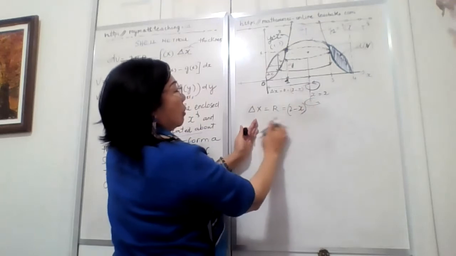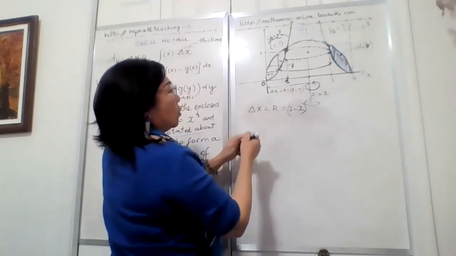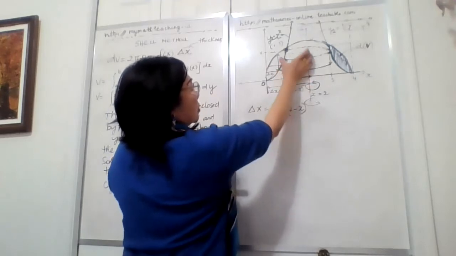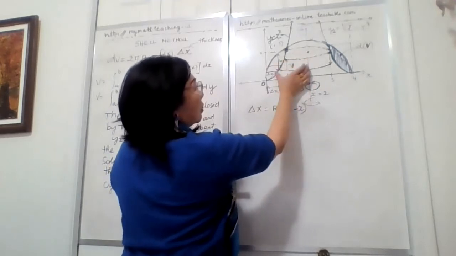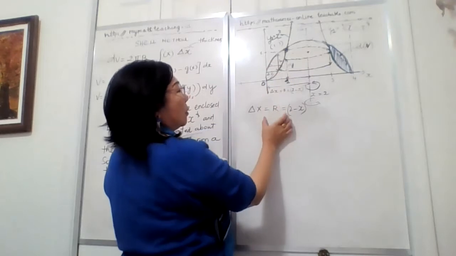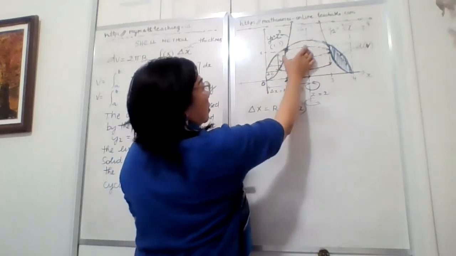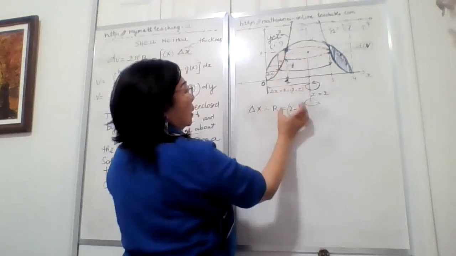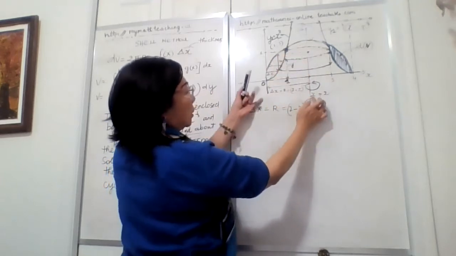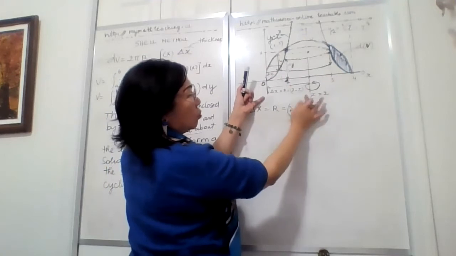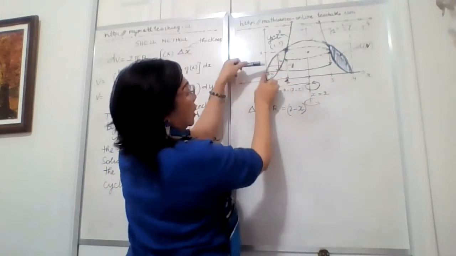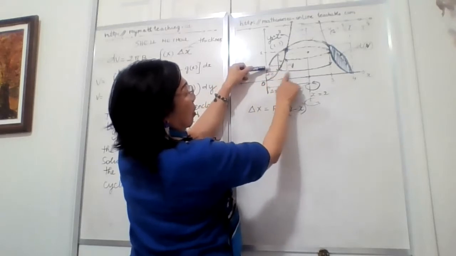That is our delta x, which is the radius of this cylinder, the length of the radius, which is R2 minus R1. Our R2 is actually up to here, which is 2 units, minus whatever the x is as we go along, right?